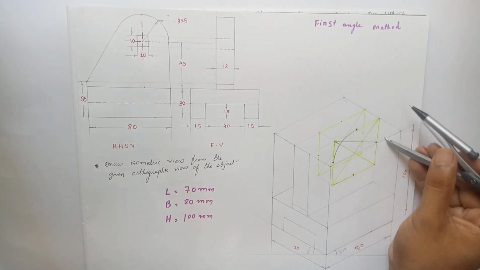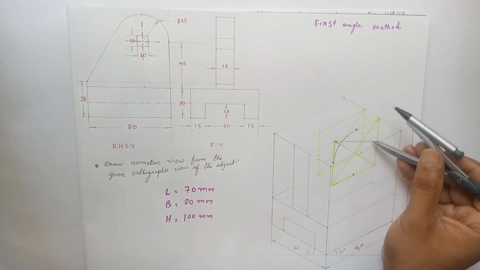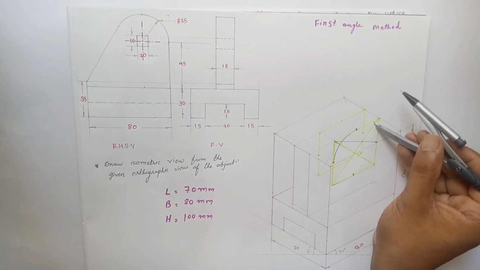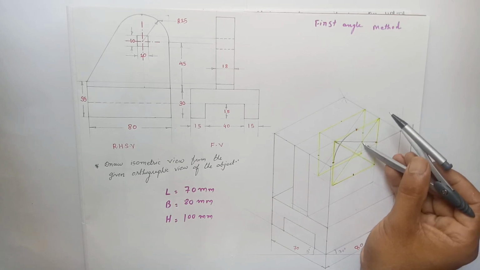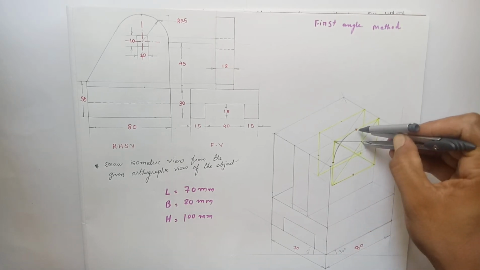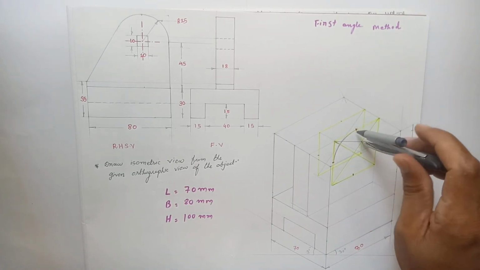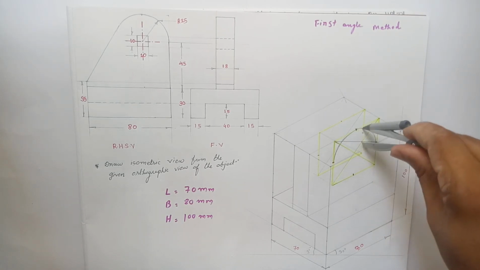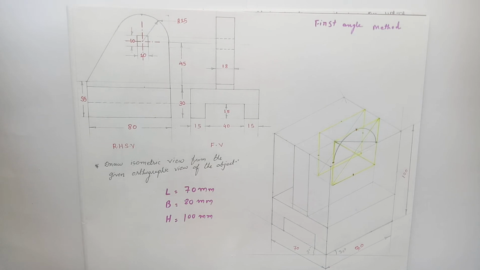Then after this, over here also we have to draw the arc. So for that join this corner to this midpoint, and the intersection of this diagonal and this line will be the second center to draw the semicircle over here. Measure this point, give an arc like this. So this will be the circular arc.